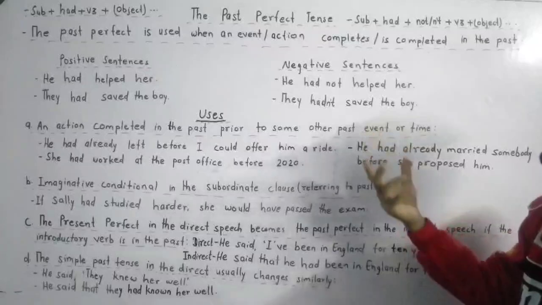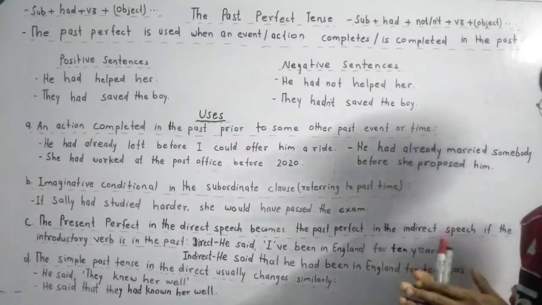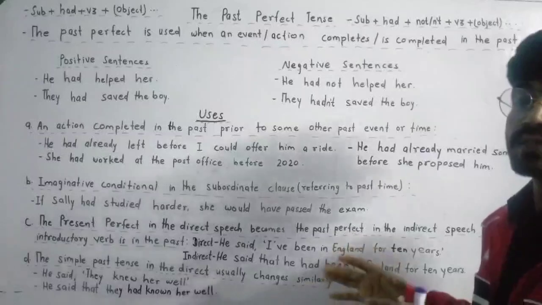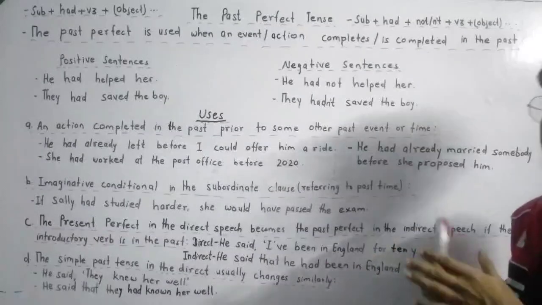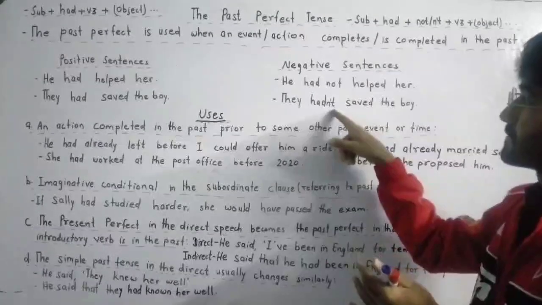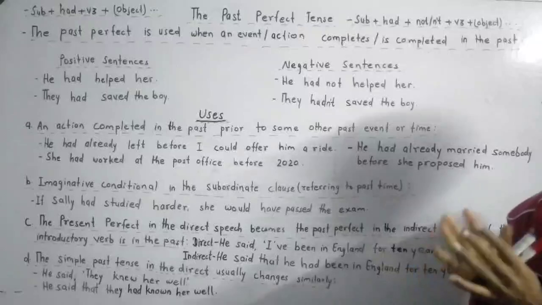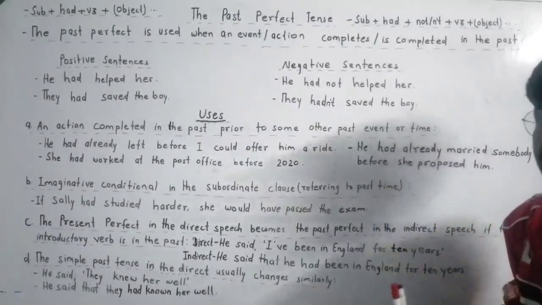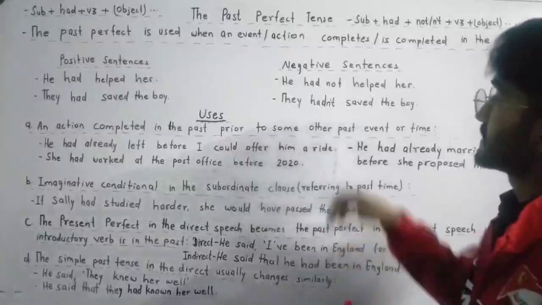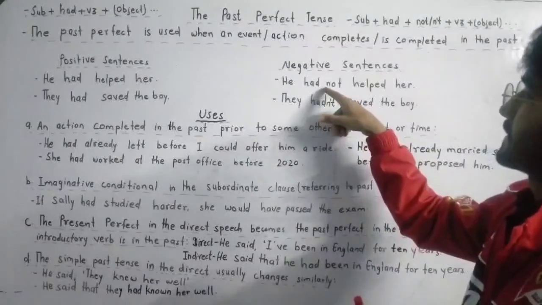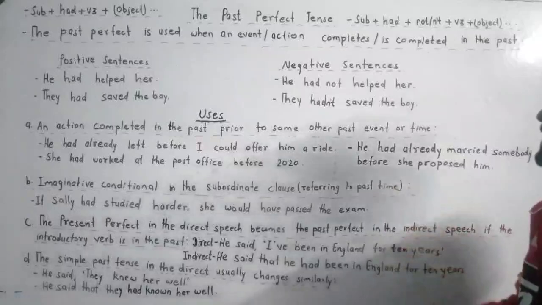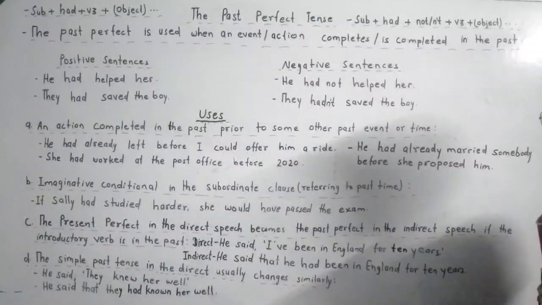N't is always written together with helping verbs, but not we always write separately. Here you can see not separately, n't together. This is how we form negative sentences.